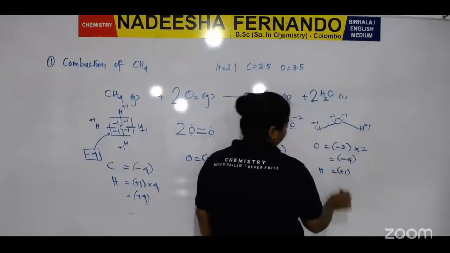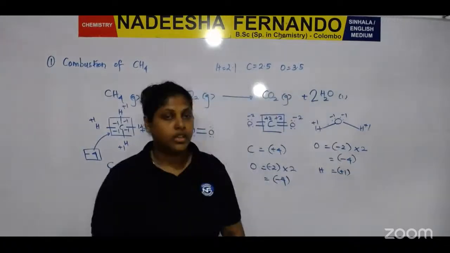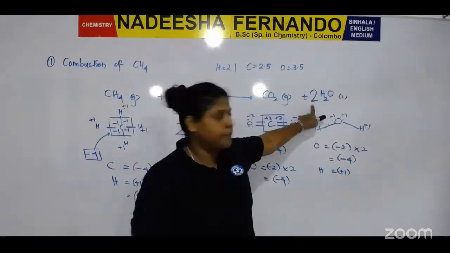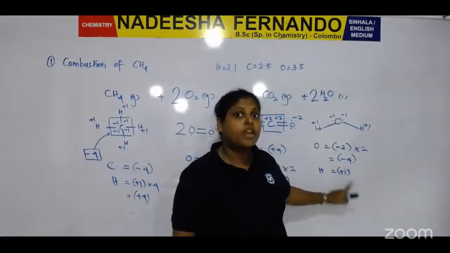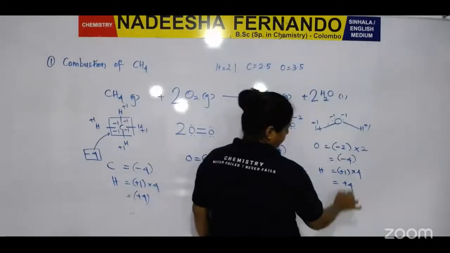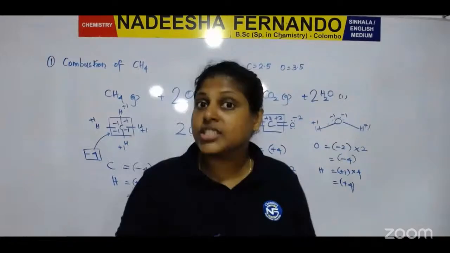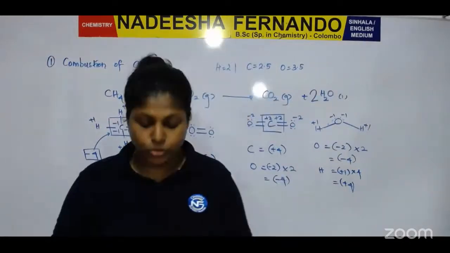There are 2 hydrogens in 1 water molecule. Totally 2 water molecules in the balanced reaction. Therefore, you need to multiply +1 by 4. Now you can see the initial oxidation states and final oxidation states of the compounds given here.